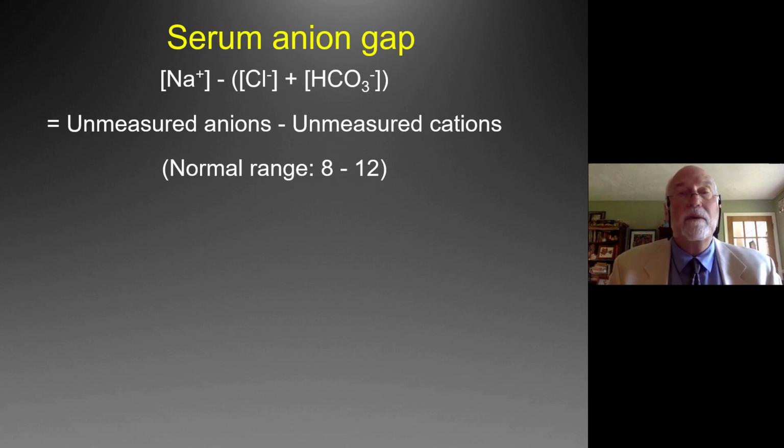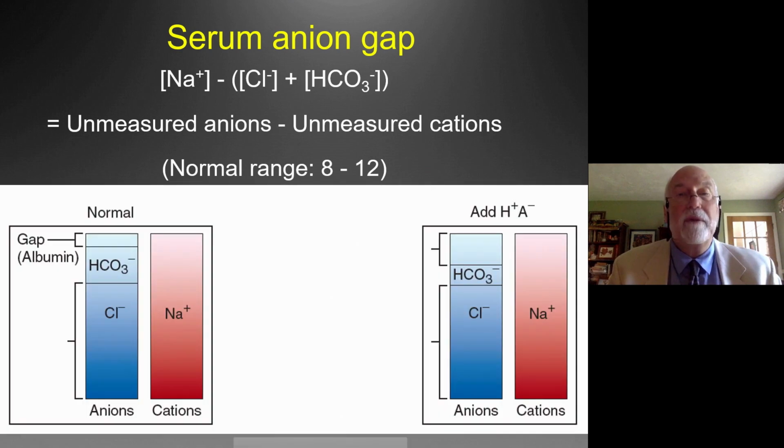And then, of course, when confronting an acidosis, one wants to calculate the anion gap, which is the sodium minus the chloride plus the bicarb, or the unmeasured anions minus the unmeasured cations. So these are going to be acids that are non-chloride, because the chloride would be counted up here in the buffering of the bicarbonate. So I find this picture a useful schematic to conceptualize this.